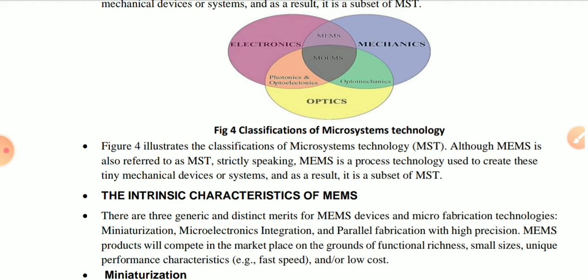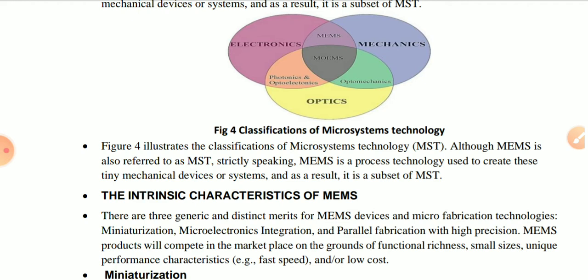A transducer is a device that transforms one form of energy into another form of energy. But sometimes a transducer behaves like a sensor. And an actuator is a device that converts an electrical signal into an action. So on the basis of MEMS technology you can divide it into sensor, transducer and actuators.